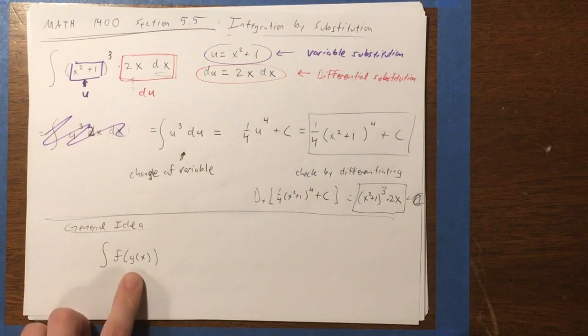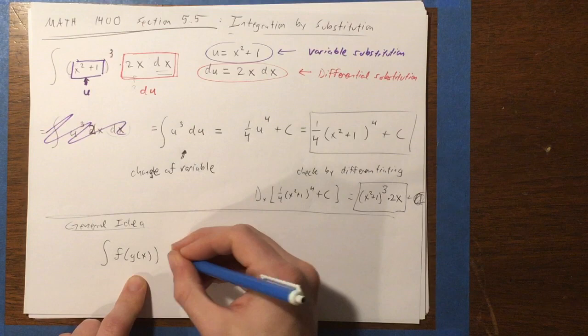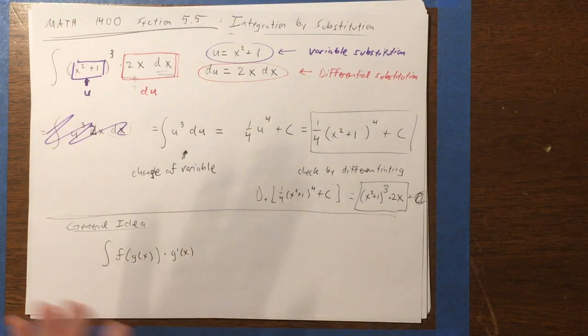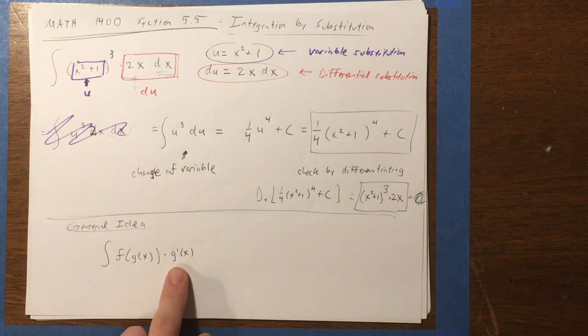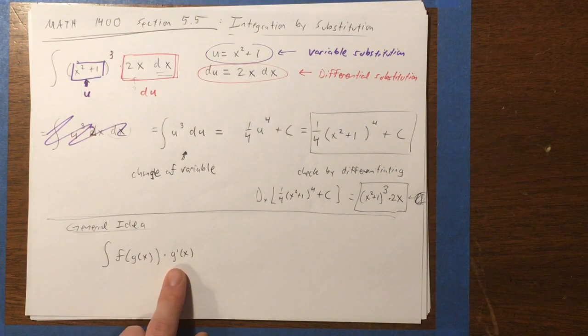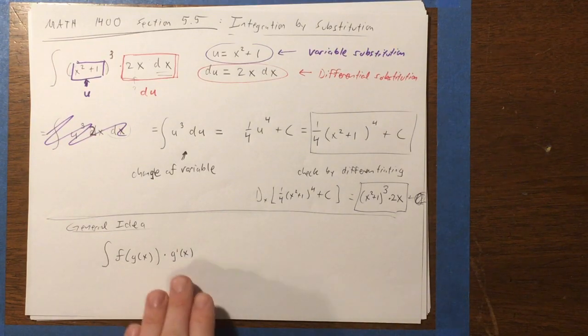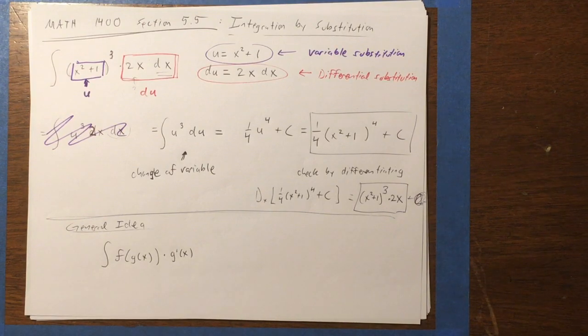So you have some composition of functions like we had here, but then multiplied by the derivative of g of x. Or perhaps, as you'll see in future examples, perhaps not exactly the derivative, but at least a constant multiple of that derivative. You'll see. There's situations where it's not exactly g prime, but it's close enough, and we can make it work.